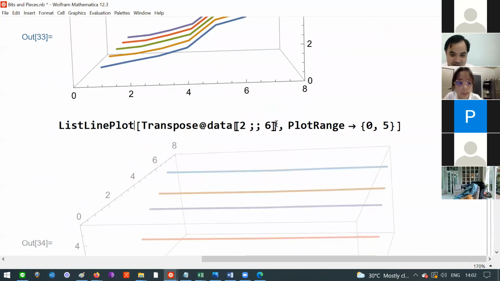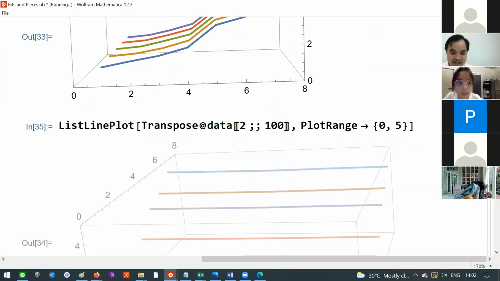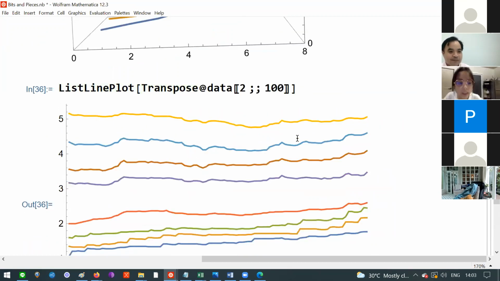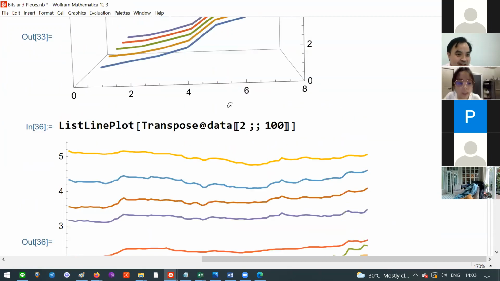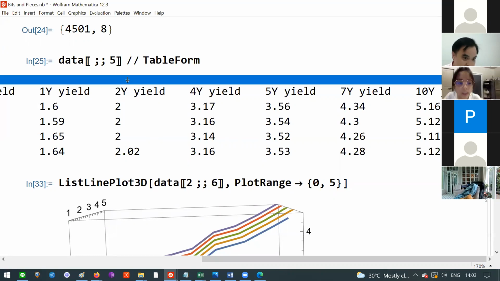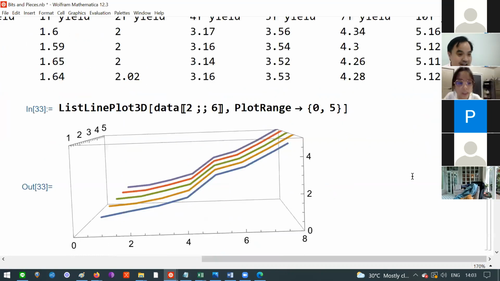Let's make it 100. This is better. If I transpose it, remember it goes like this. It's actually going to plot this line, this line, this line. If I list plot it, it first plots this, of course, horizontally. If I want to plot the movement in time, this way, this way, I take the transpose.